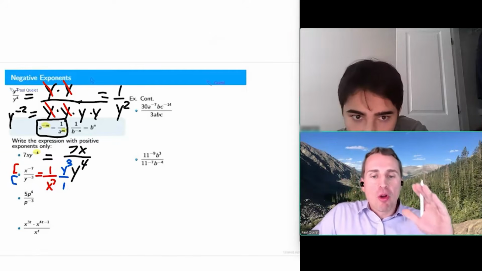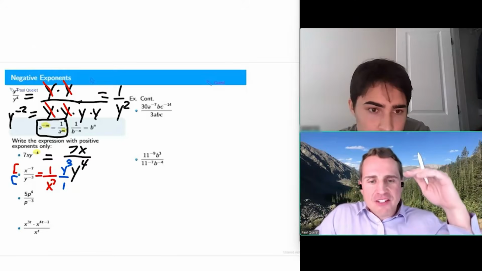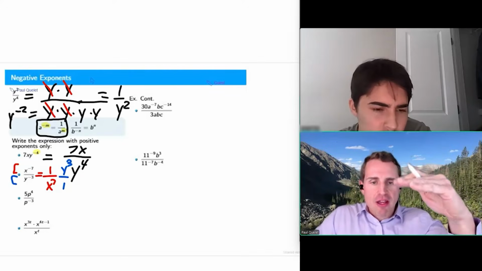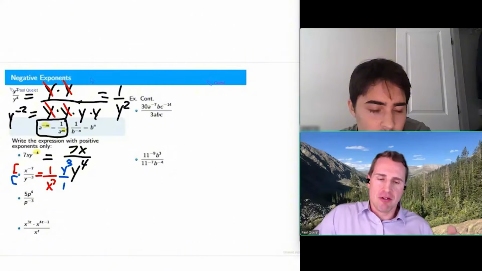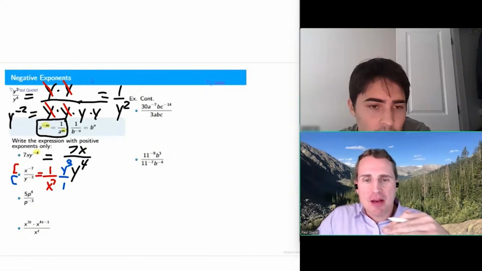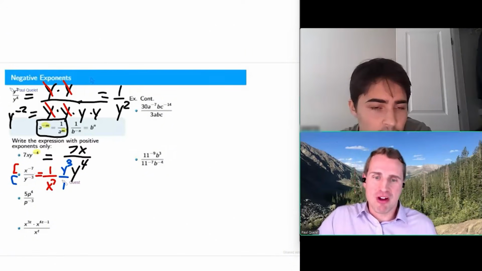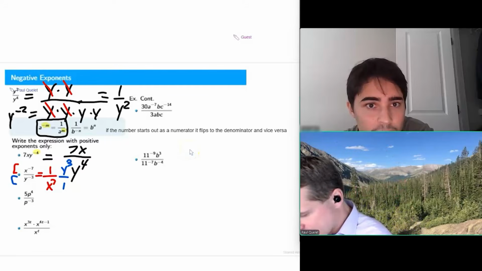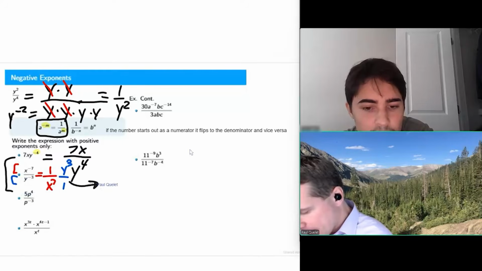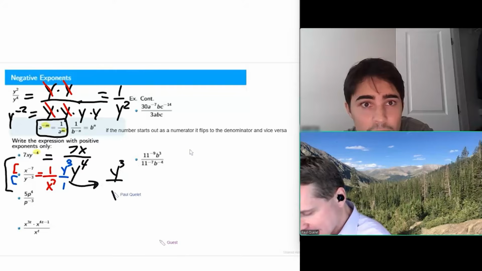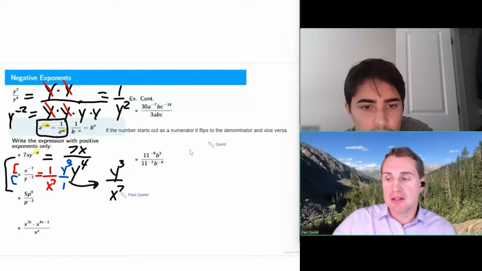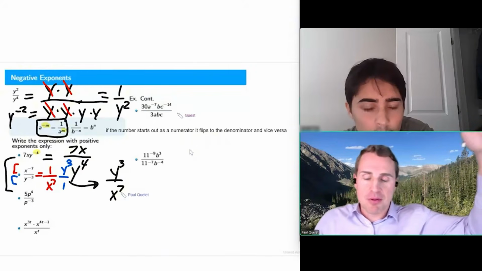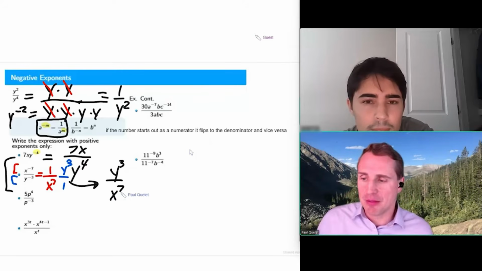Remember, when you have a negative exponent, if something is living in the numerator, it flips to the denominator. If it's living in the denominator, it flips to the numerator. What that means is, in the final analysis for this problem, it's just going to resolve itself to y to the 3rd over x to the 7th. Because y to the 3rd got flipped up, and x to the 7th got flipped down.